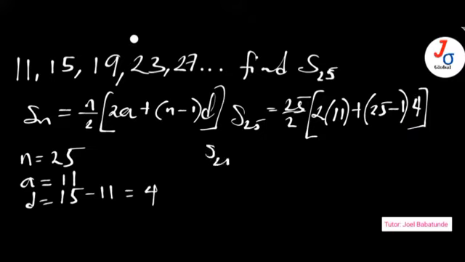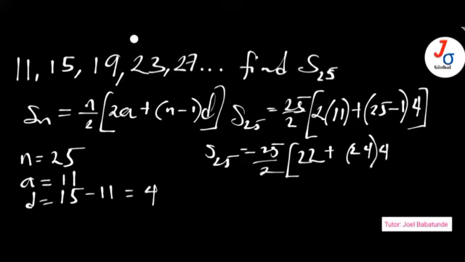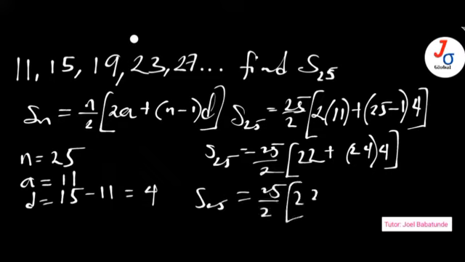So the sum of the 25th term is 25 over 2 times (22 plus 24 times 4). That's 22 plus 96.